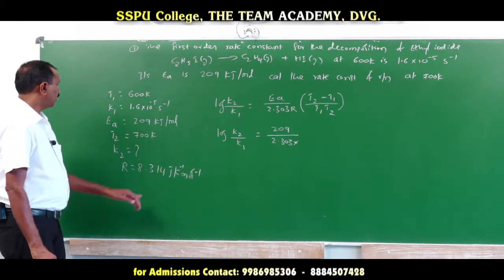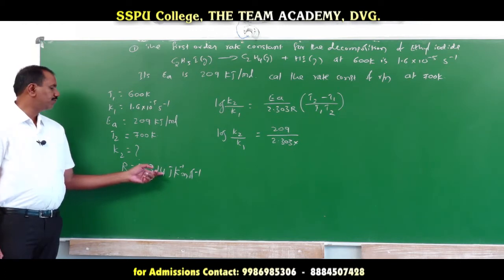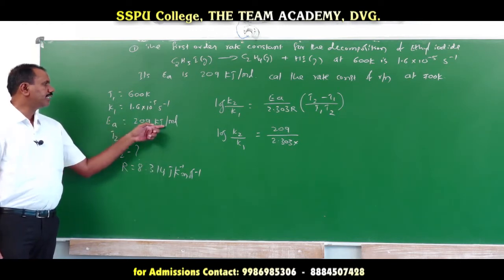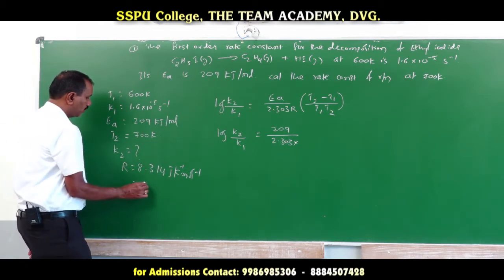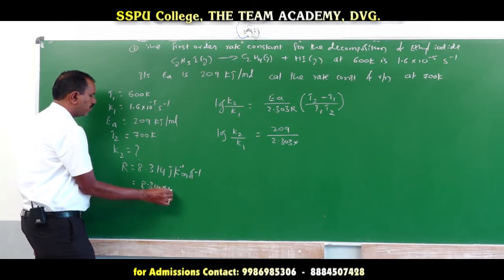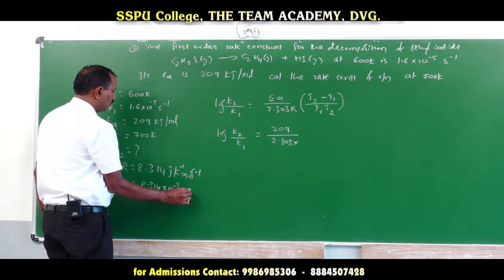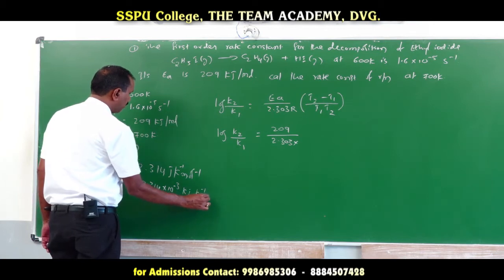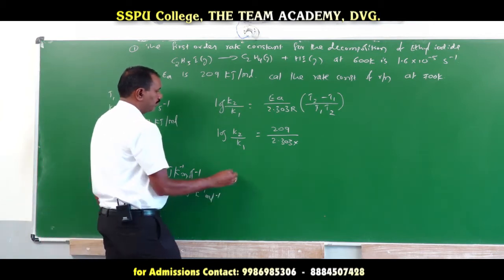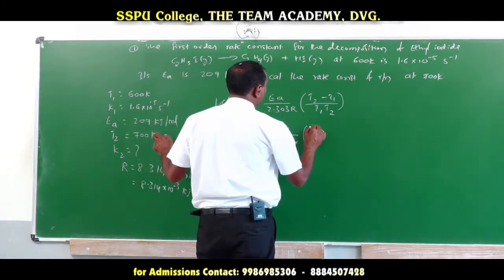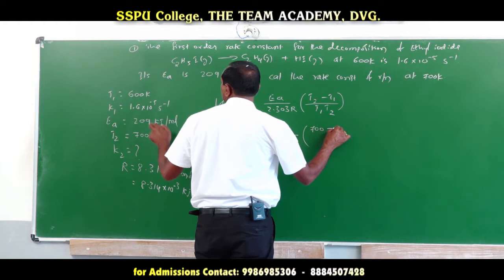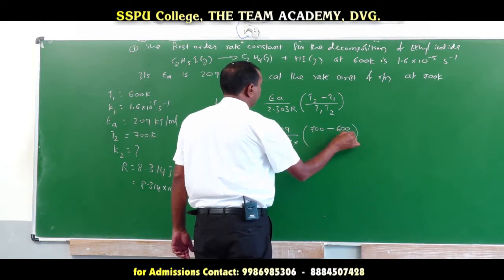Here the R value is in terms of joule, but the Ea value is in terms of kilojoule. Therefore, it should be converted to kilojoule. So that is 8.314 into 10 to the power of minus 3 kilojoule per Kelvin per mole. T2 is 700, minus T1, that is 600, divided by 700 into 600.